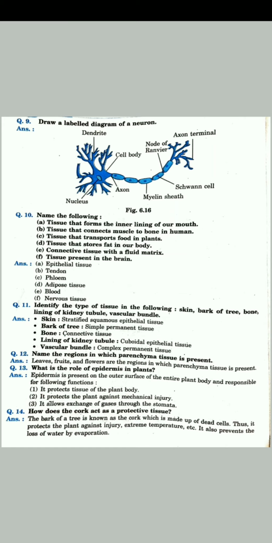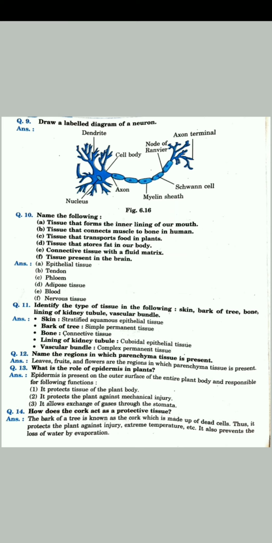Next question is, identify the type of tissues in the following: skin, bark of tree, bone, lining of kidney tubule, vascular bundle. All these are over here. Skin, what tissues are there? Stratified squamous epithelial tissue. Then bark, simple permanent tissue which are converted into bark.